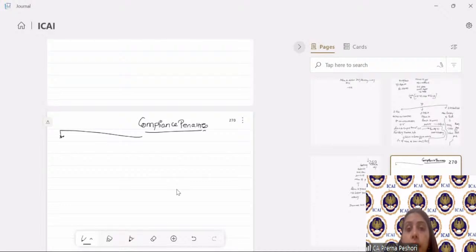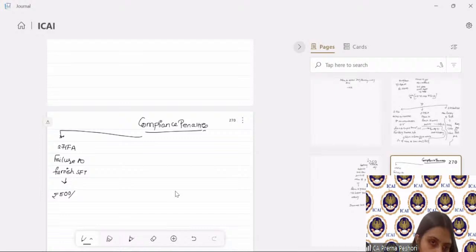So if any prescribed institution which has to furnish the statement of financial transaction fails to furnish it, the penalty is under 271FA, and the penalty is rupees 500 for every day. So we had done that, right?